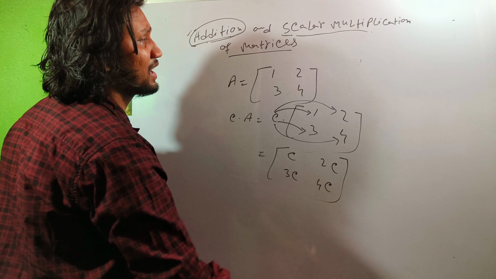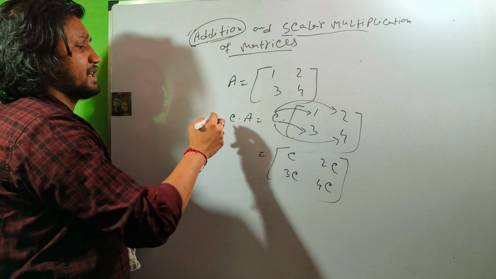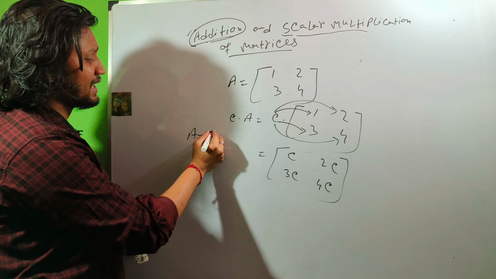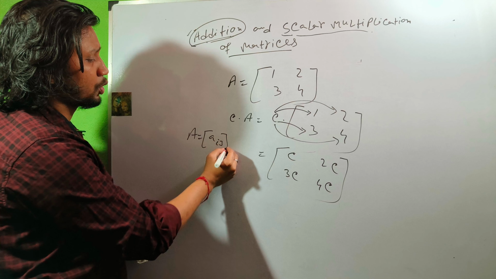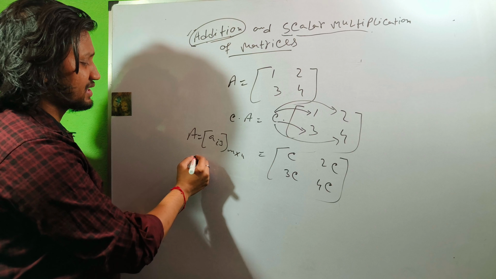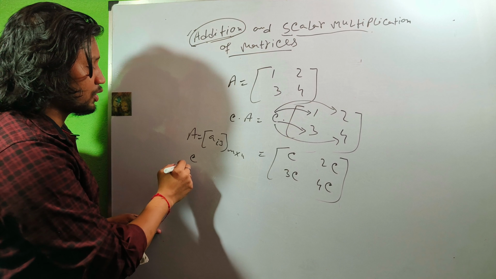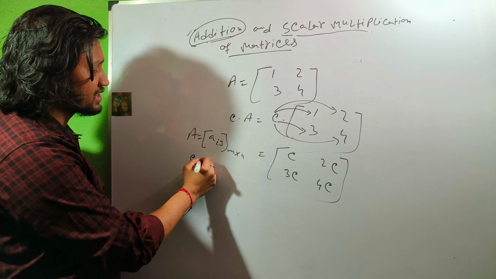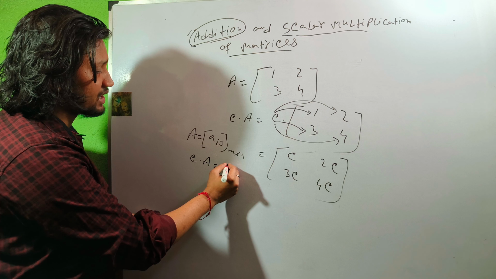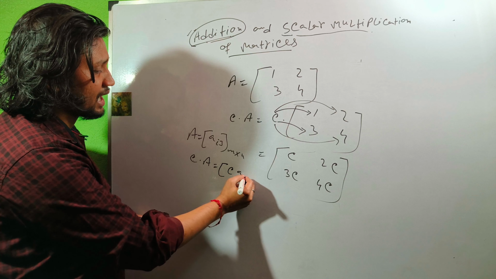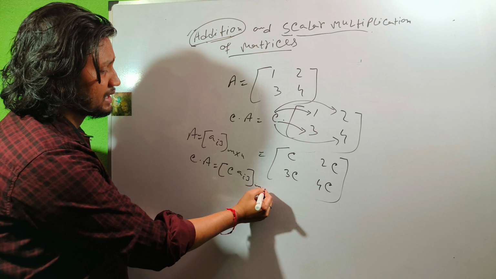So, what is the scalar multiplication of a matrix? If we take a matrix A having elements a_ij of order m by n and C be any scalar, then the scalar multiplication of A with the scalar C is defined as C into A, that is C into a_ij, m by n.